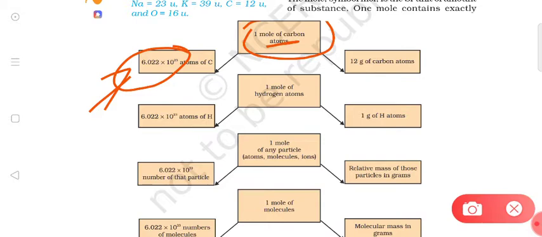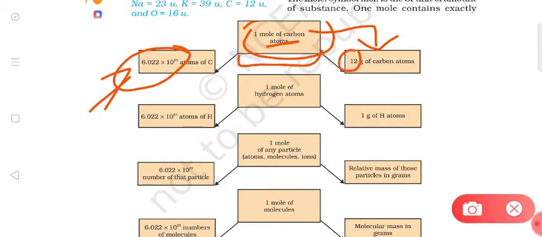For example, if we want to know the mass of 1 mole of carbon, that is molar mass of carbon, right, then what we need to do, as we know that carbon exists in the form of atoms, we will take the numerical value of atomic mass of carbon, that is 12 U, right.